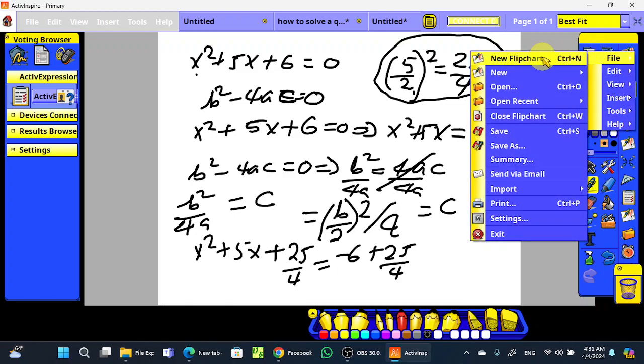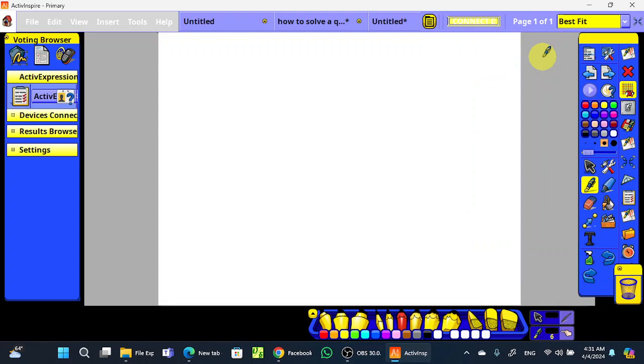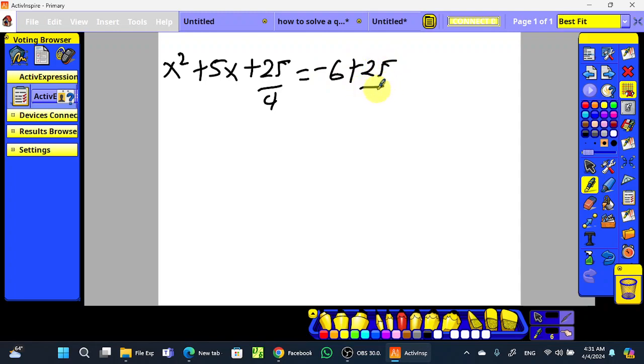So what was the number? x squared plus 5x plus 25 over 4 is equal to minus 6 plus 25 over 4.